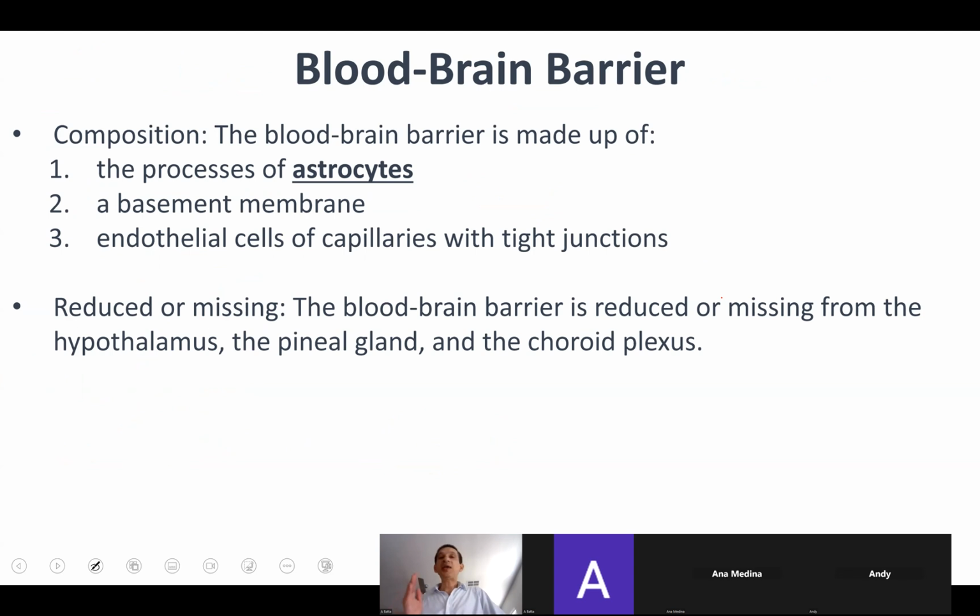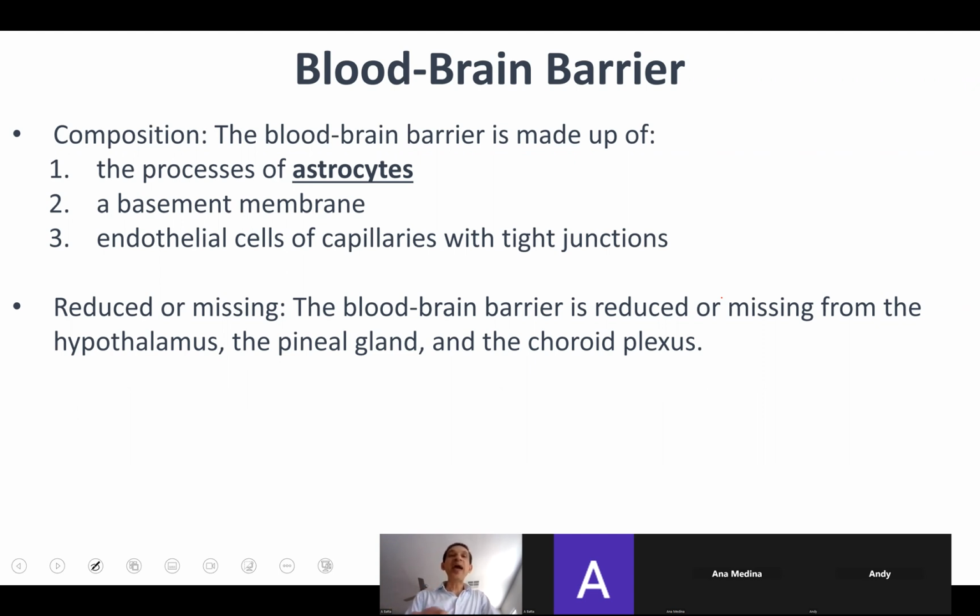Now, brain is mortally scared of blood, because blood is toxic to neurons as is. So we want to filter it. We want to allow some parts of blood to have access to neurons, but not all of them.